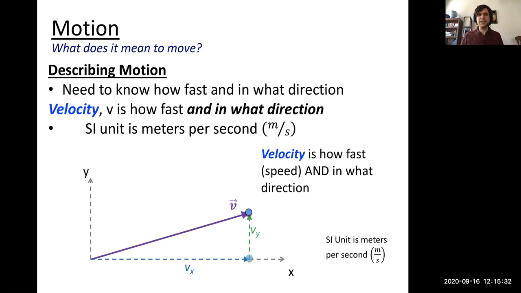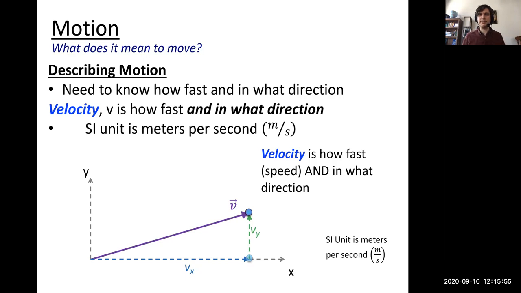So velocity is going to combine the speed, how fast, measured in meters per second, and in what direction. If I go outside and run at, say, 5 meters per second, and I wanted to talk about my velocity, I'd say I'm moving 5 meters per second due north, an azimuth of 0.